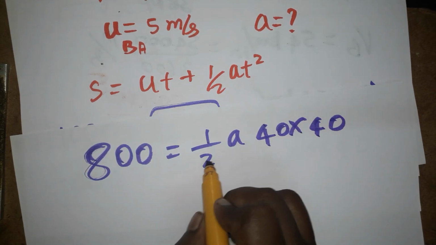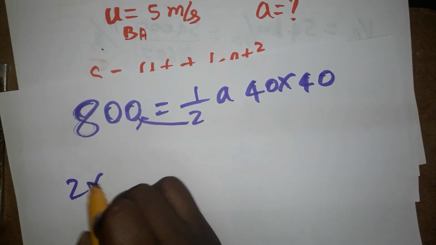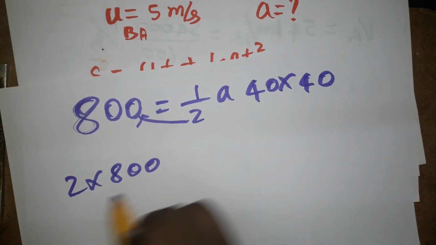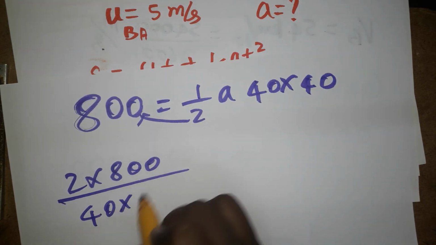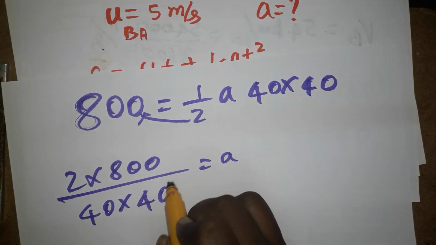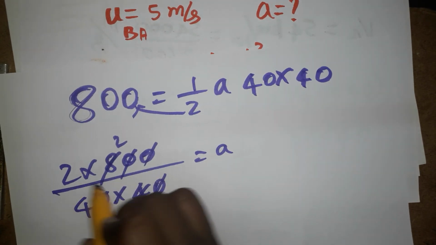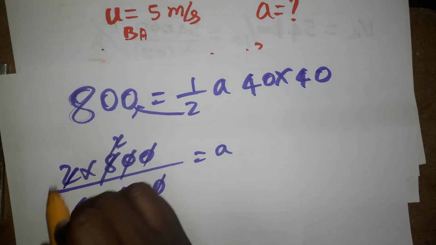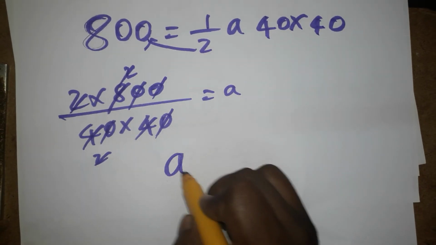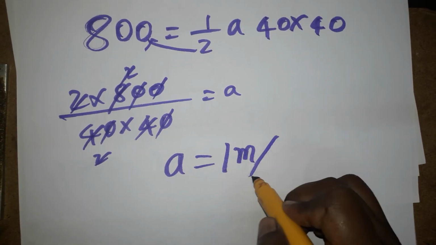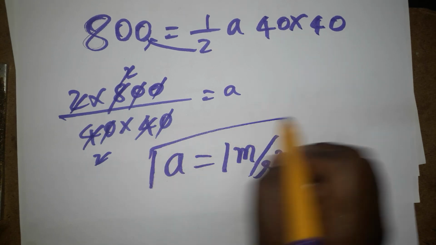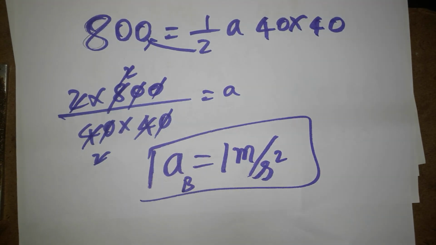Next step, do the simplification. The 2 you can bring to this side: 2 into 800, and the 40 into 40 goes to the denominator, equal to a. The zeros cancel, and 2 times 8 over 16 gives 1. Finally, a is equal to 1 meter per second squared. This is the acceleration B should give to overtake A without an accident.